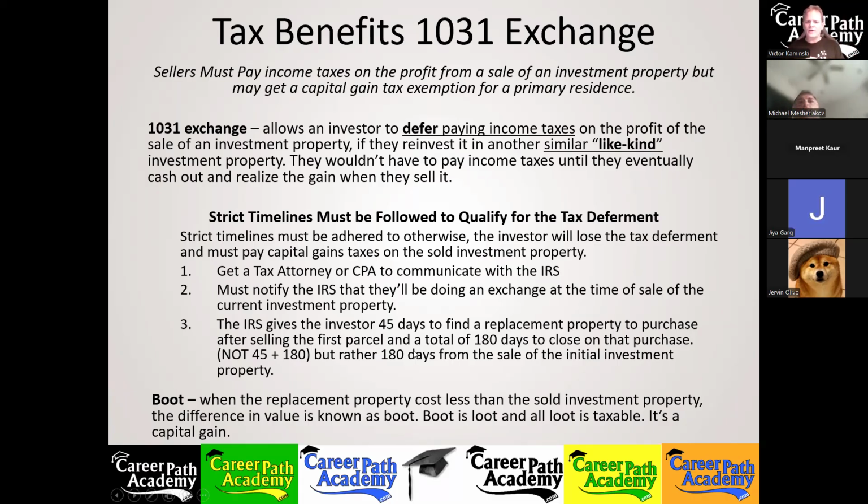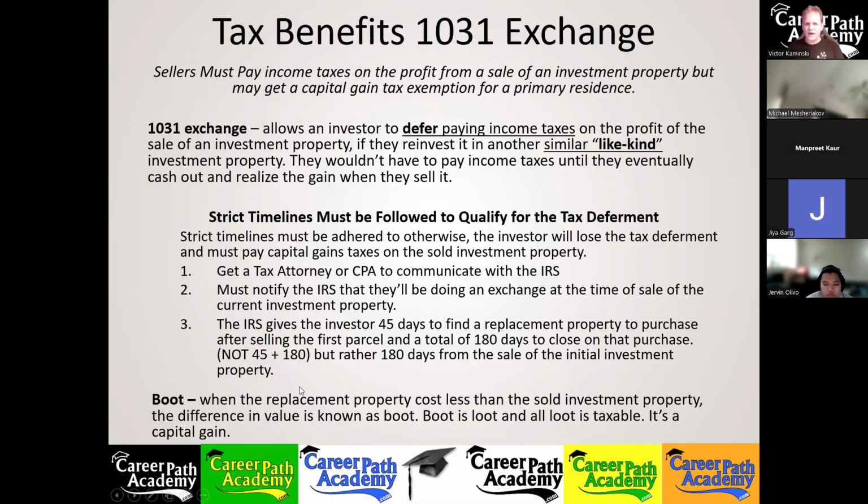And then you have 180 days in total to close on that new investment property. So it's not 45 days plus 180 days. It's just that they give you 45 days from the time you close on the initial property to find another investment property, with a total of 180 days to close on that deal.